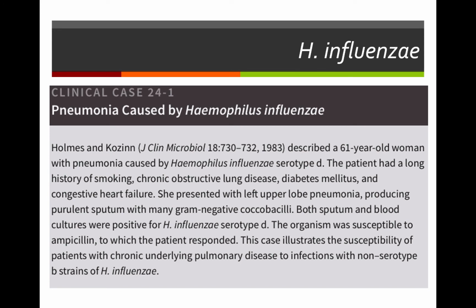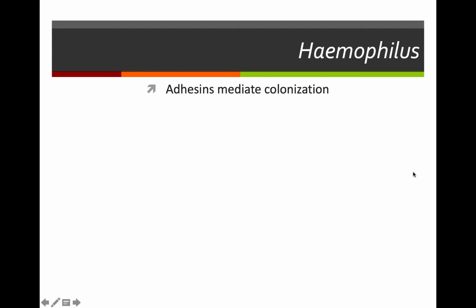So again, when you have patients who have chronic lung disease, who are diabetic, you see these higher risks for infection. They have a lot of adhesins that help them to colonize. They are trying to get into these mucous membranes. And really, the entire purpose of a mucous membrane is to stop stuff from getting in.